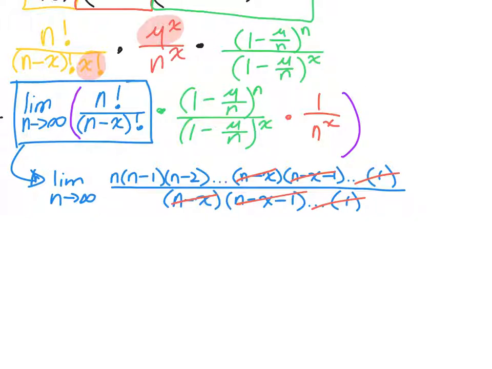All right, we'll account for that in a second, but let me just take you through a numerical case real quick. So let's say I had 10 factorial over 10 minus 8 factorial. All right, so this is my n, which corresponds to that n, and this is my x. Now 10 minus 8 is 2. That's my n minus x, right?